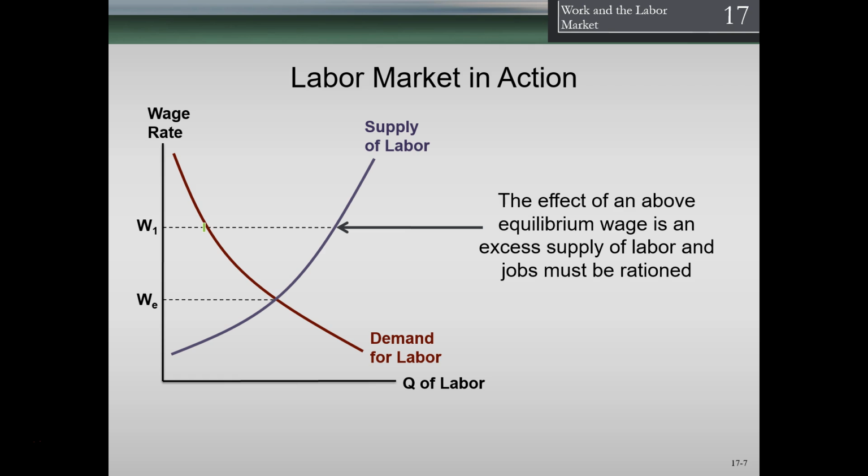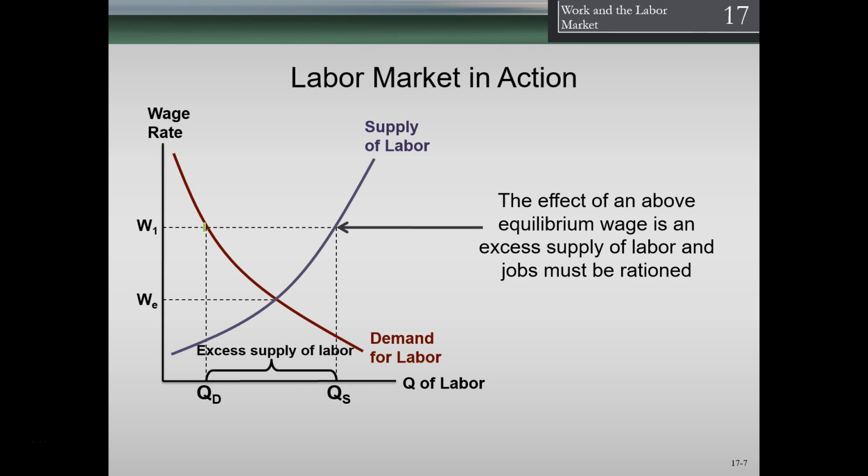They're probably going to demand less because the wages are going up. It's costing more to them. They might try to substitute or use other things in production, like technology, rather than increase workers, or do what they can with fewer workers. The classical model would end up with a shortage of jobs in that case. So the classical model would say that there would be a shortage of jobs.